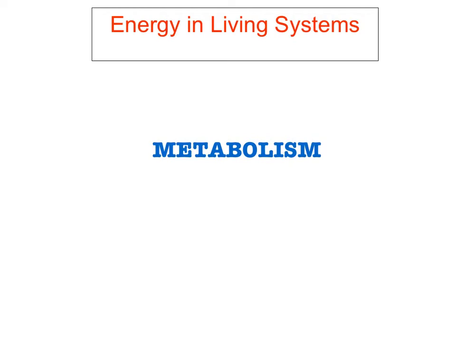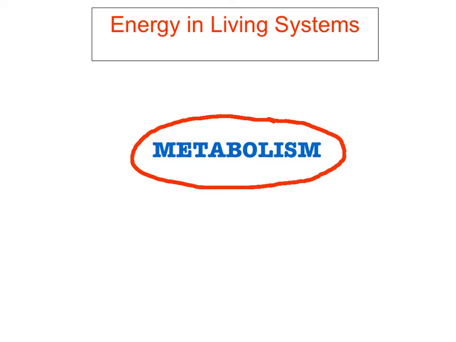is called metabolism. So metabolism is probably a word that you've heard before. We all talk about whether we have a fast metabolism or slow metabolism, but most people don't know what the word metabolism actually means. So metabolism is a biochemistry term.